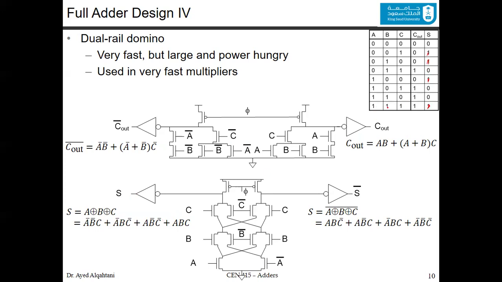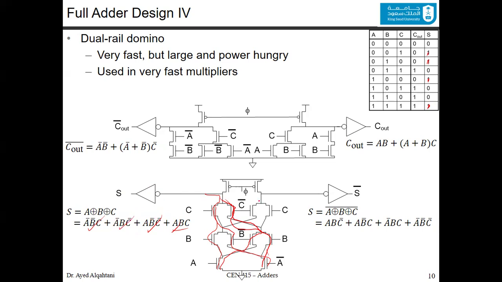So for example, the last one is A, B, C. You can see it here as well, where you have A, B, and C. The first one, we have A bar, B bar, and C. We also have A, B bar, C bar, and the last one, A bar, B, C bar. So as you can see, all these 3 paths go to the S.